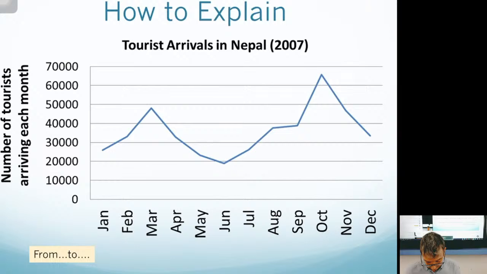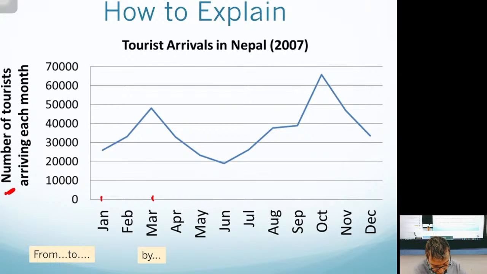So you could say, from January to March, there was an increase. What kind of increase? There was a steady increase. So from January to March, there was a steady increase. Or from January to March, the number of tourists arriving increased steadily.